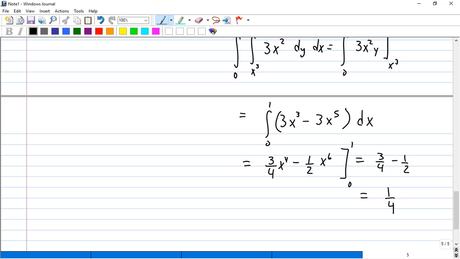So you do have some restrictions there. And so we just do it the old-fashioned way, the other way that we were doing line integrals.